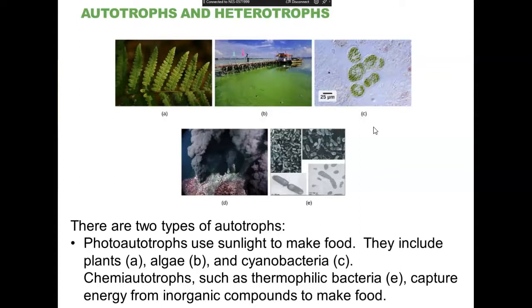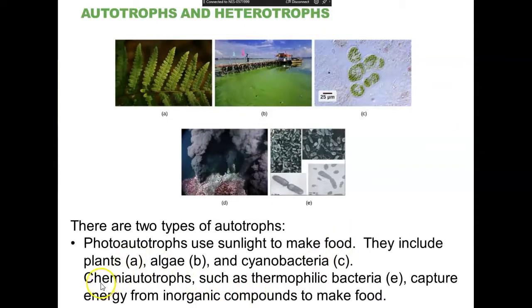All right, making a sugar or other organic molecules from inorganic precursors is the defining feature of an autotrophic organism. Further subdividing that topic, there are two general ways in which autotrophic organisms function.